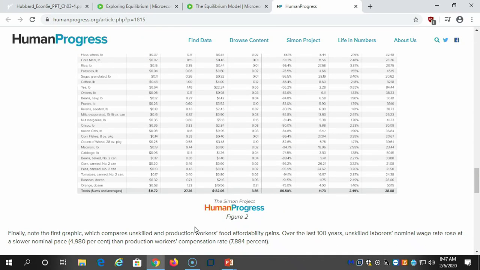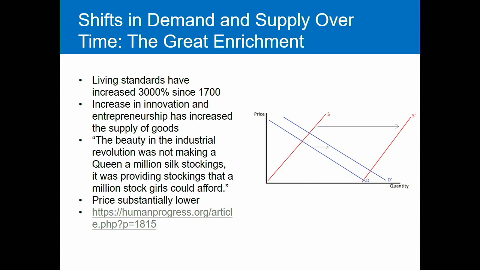For oranges, it used to take an hour and 15 minutes of work to buy a dozen oranges. Now it takes 0.3 hours. That's too hard to do in my head right now. It takes substantially less time of work to buy those oranges, so it shows how much real incomes have increased over that time.